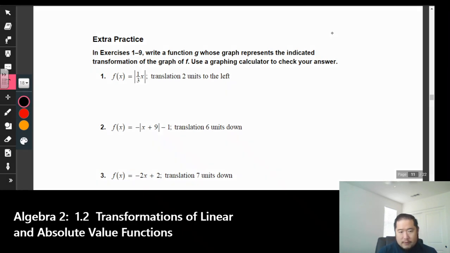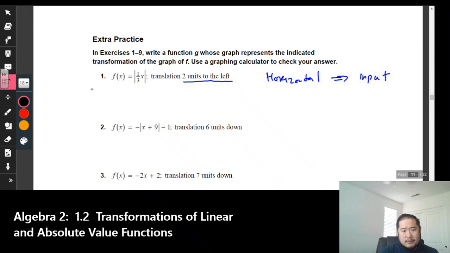So our function right here is the absolute value of 1/3 x. And it says we have a translation of 2 units to the left. If it's 2 units to the left, that means it's going to be going horizontally. And hopefully we remember that horizontal is an impact on our input, meaning it's only going to affect the x. So here's what I'm going to start doing.